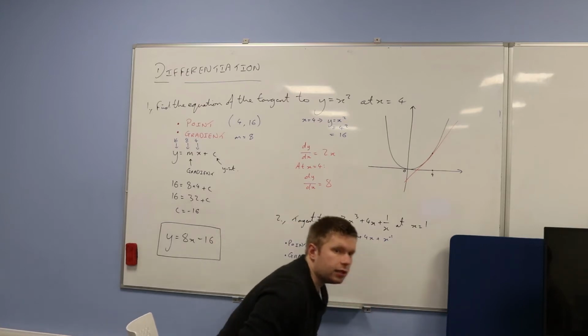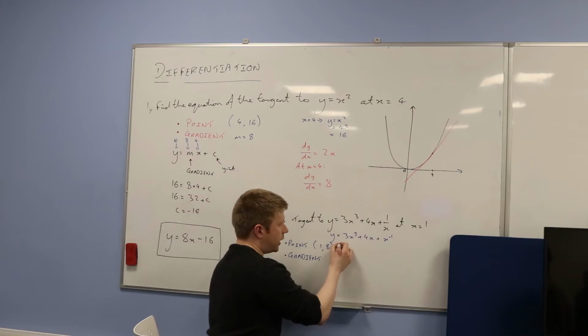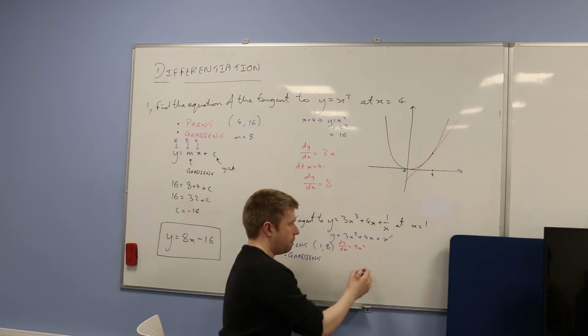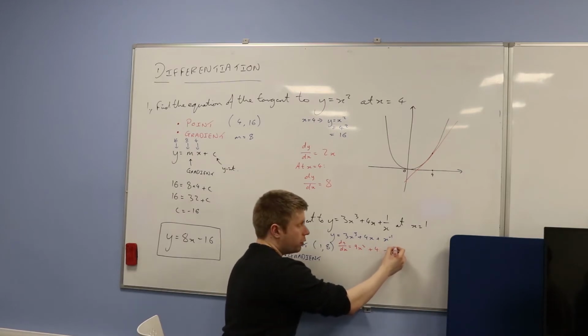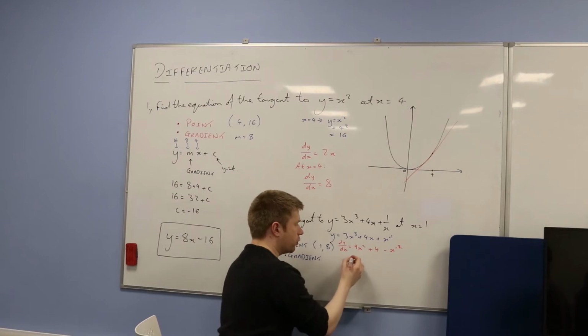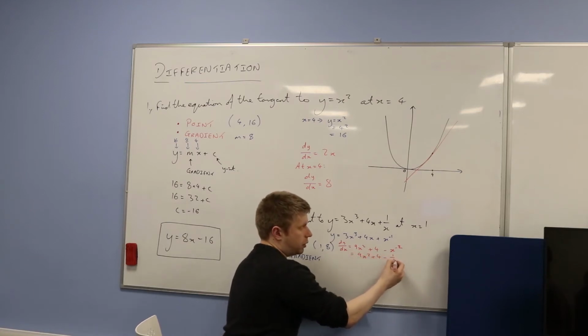Then I need to go for my gradient. To find my gradient, I will need to differentiate this. So if I differentiate this, what do I get? Bring the power down, minus x to the power of -2, which I could rewrite as 9x squared plus 4 minus 1 over x squared.